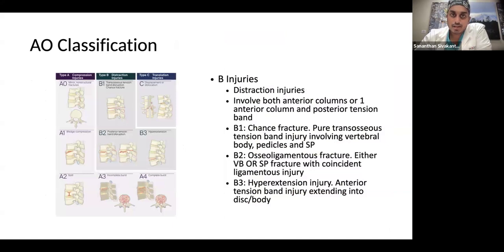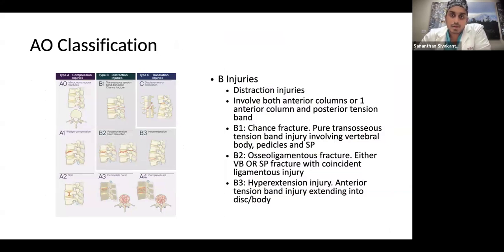B-type injuries are your distraction injuries, which involve both anterior columns or one anterior column and a posterior tension band. The B1 are your pure transosseous injuries involving the vertebral body, the pedicles, and the spinous process. B2 are your osteoligamentous fractures, either involving a vertebral body or a spinous process fracture with a coincident ligamentous injury to the other column.